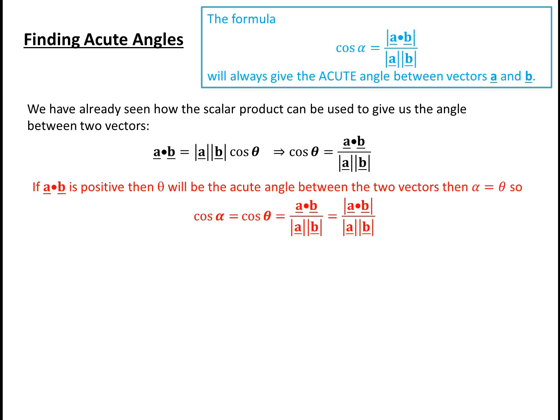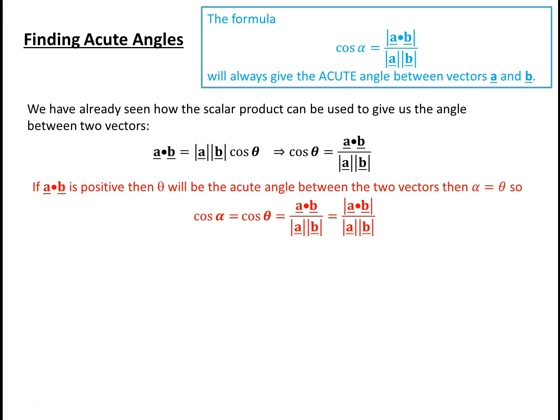So therefore theta will be an acute angle, and alpha is the same thing as theta. So cos alpha is A dot B over the length of A times the length of B. But with A dot B being positive, A dot B is exactly the same thing as the modulus of A dot B. So there's no problem if A dot B is positive.